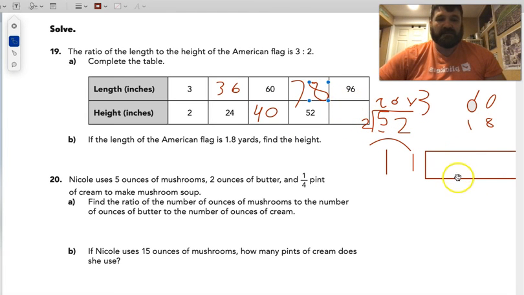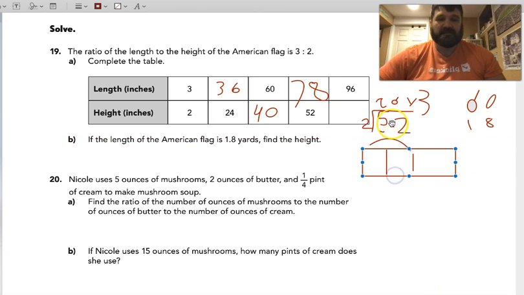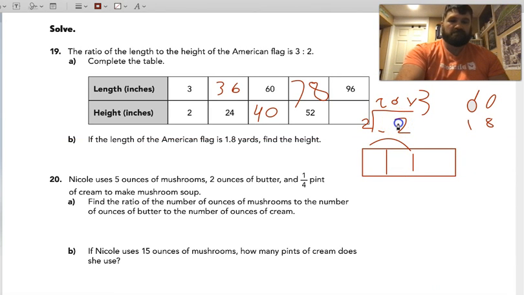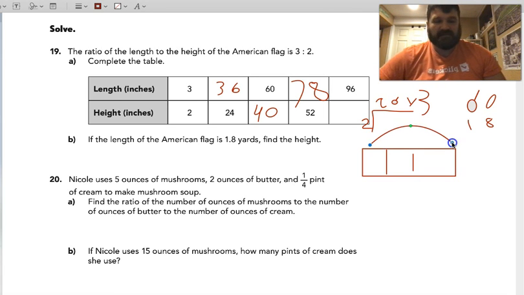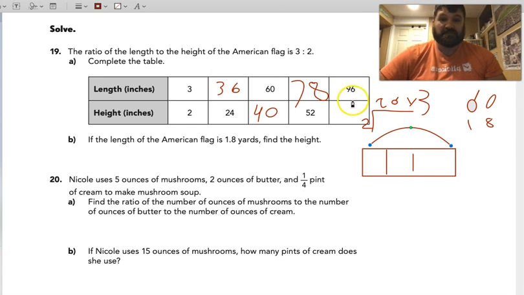So again, if we know that this whole part, because remember, this is a ratio of 3 to 2, so we could show 3, right? If this whole thing equals 96, well, we'll get one part. If you can find one part, you can find 2 parts, okay?